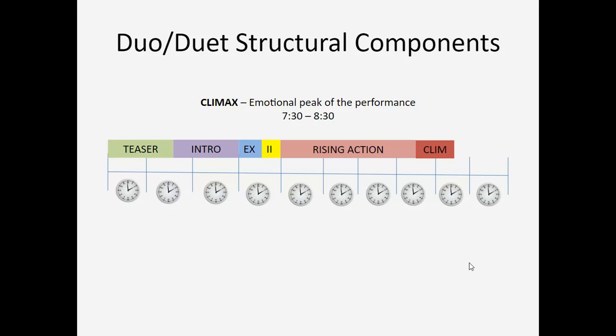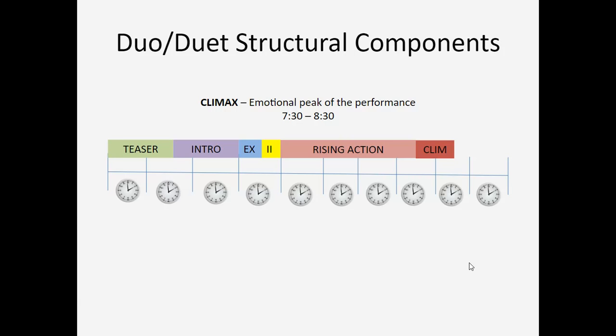Next is our climax. A climax is your emotional peak of the performance. Again, it's very similar to that inciting incident. It is that moment of intenseness, no matter if it's a comedy or a tragedy or a drama, you're going to have that peak of that performance. It usually happens within 30 seconds to a minute.